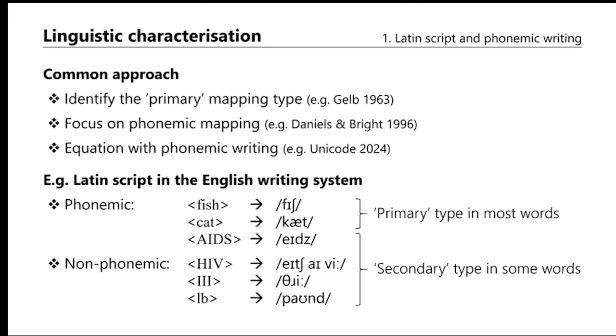The examples at the bottom are not one letter, one phoneme correspondence. But still, we tend to focus on the phonemic mapping as the primary type of mapping and consider all the rest as a kind of secondary thing.